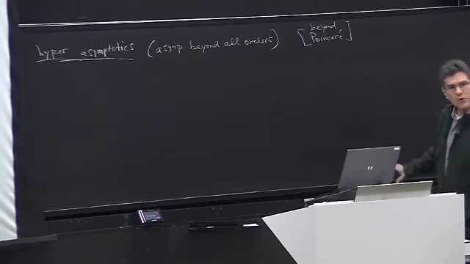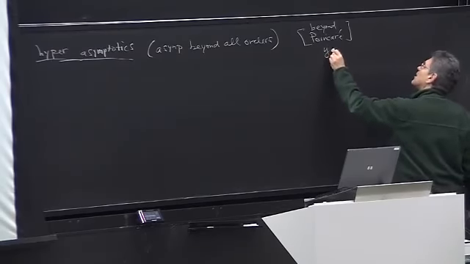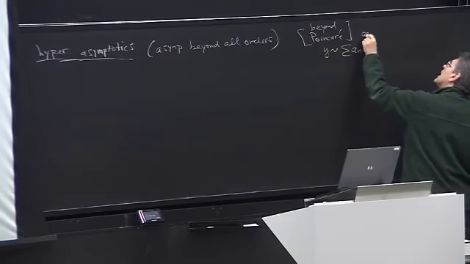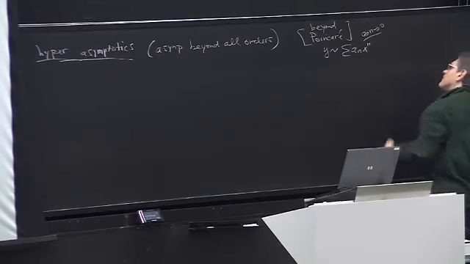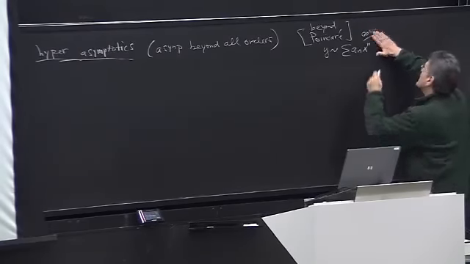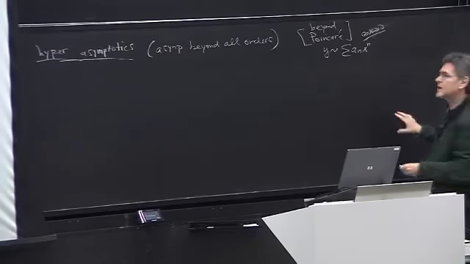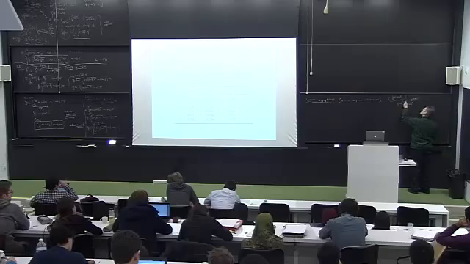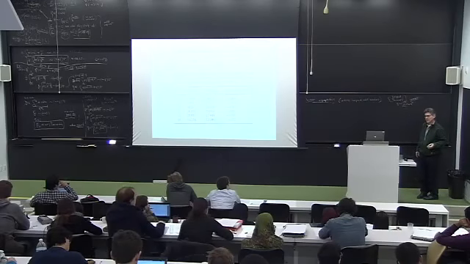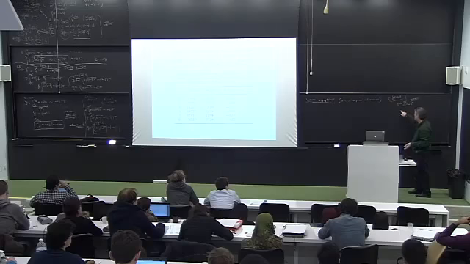It means that if you have an asymptotic series of some sort, y is asymptotic to the sum of a sub n x to the n as x goes to 0, and you had a subdominant term, then this is not exactly equal.